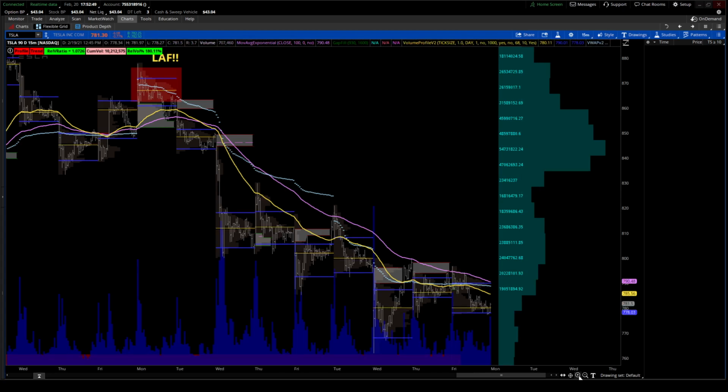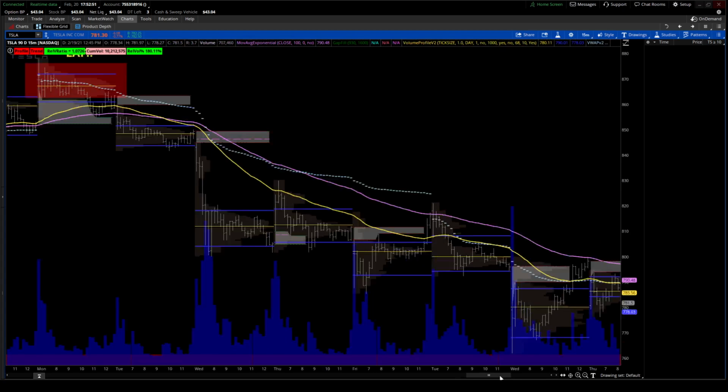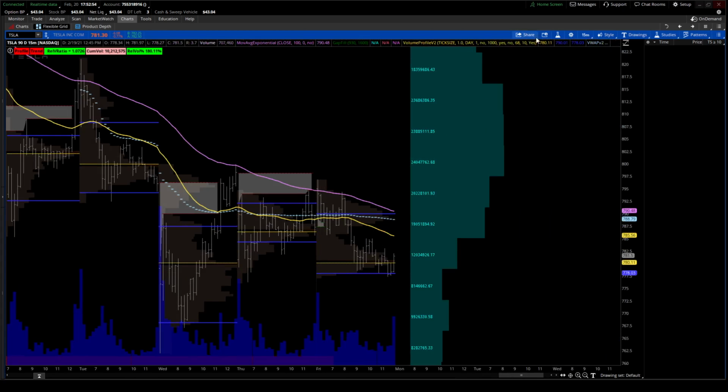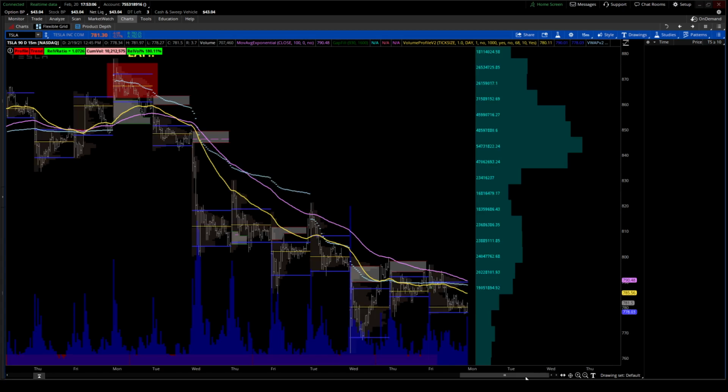I haven't spoken too much about the individual daily, I believe those are daily volume profiles. Yeah, they're daily. It makes sense if you're holding options or adding vertical spreads on Tesla based on your bearish or bullish sentiments towards it.